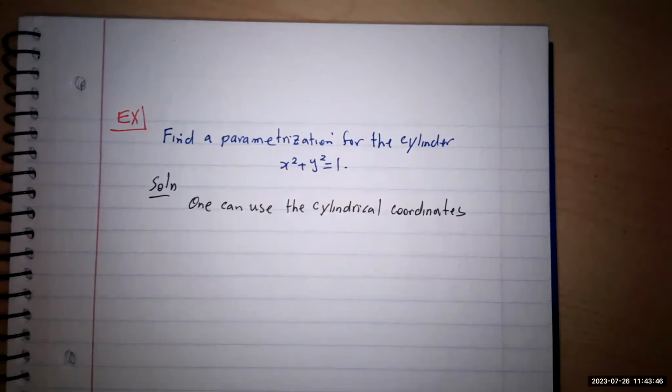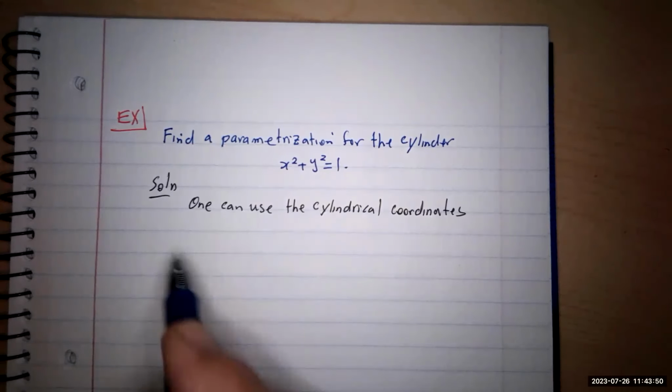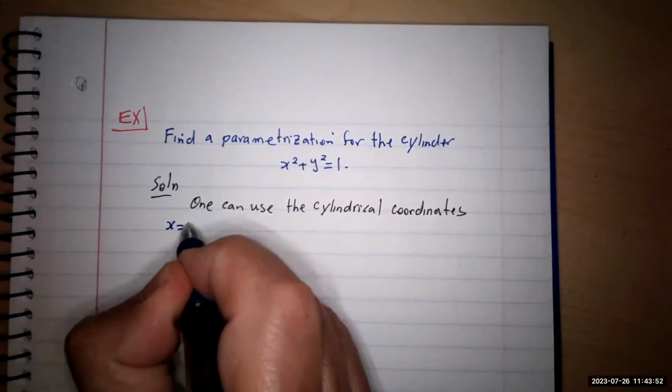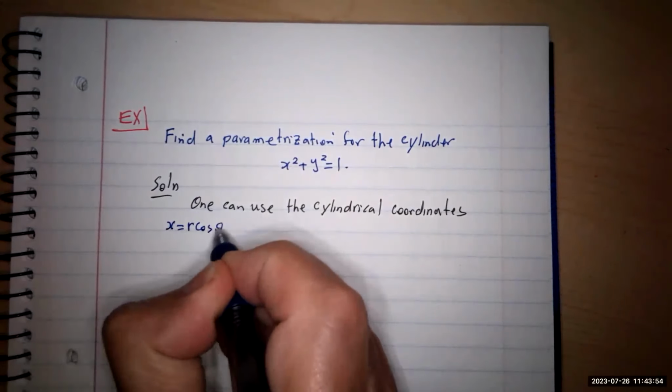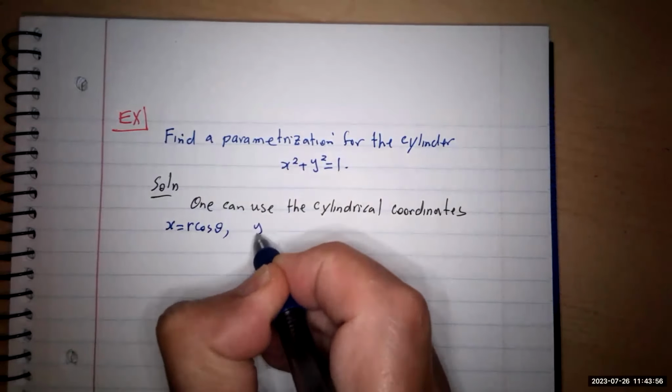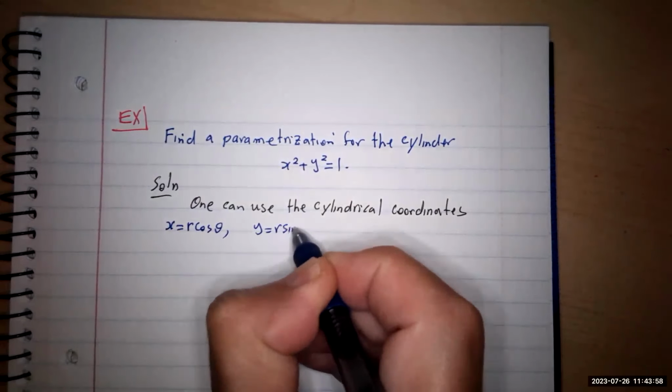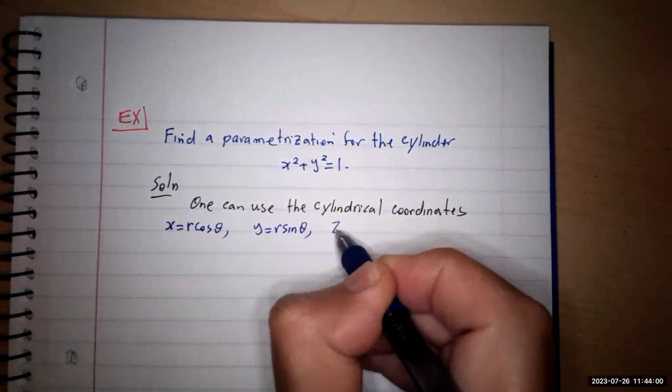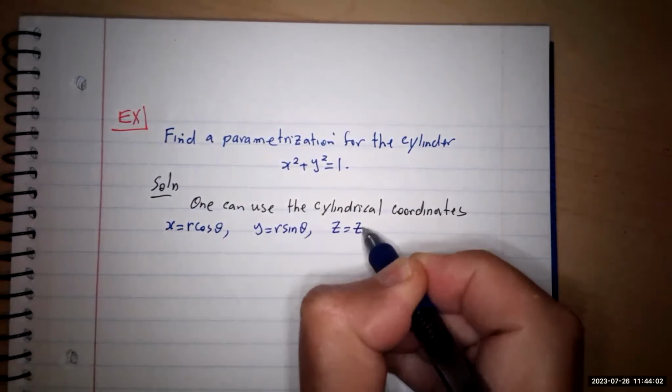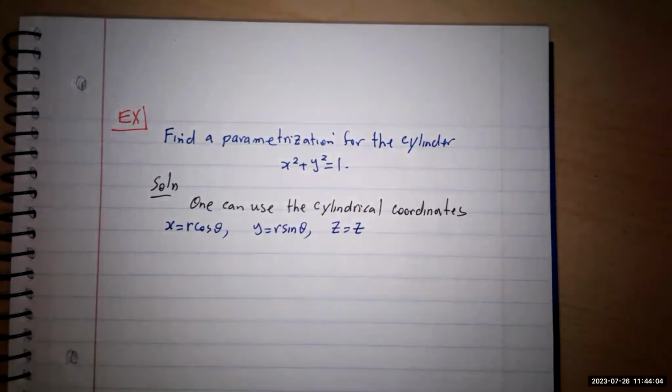So the parametric equation is going to be this one. And remember, x is equal to r cosine of theta, and y is equal to r sine of theta, and z is fixed. That's the case that you have.